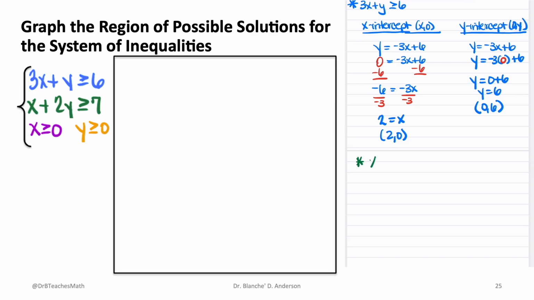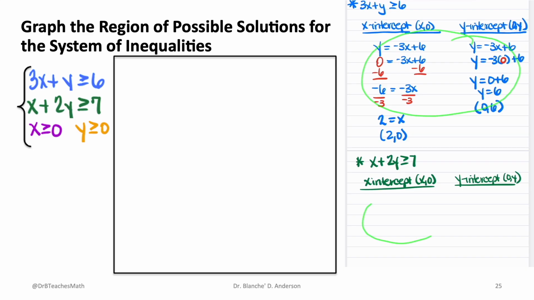This is for x plus 2y is greater than or equal to 7. So let's find the x-intercept, which is going to be the point x, 0. And then let's find the y-intercept. I did the slope-intercept form up here. Down here, I'm going to do the standard form so that you can see it's the same thing.